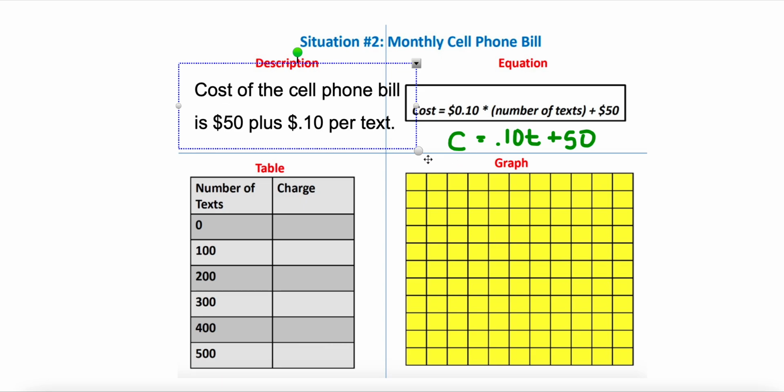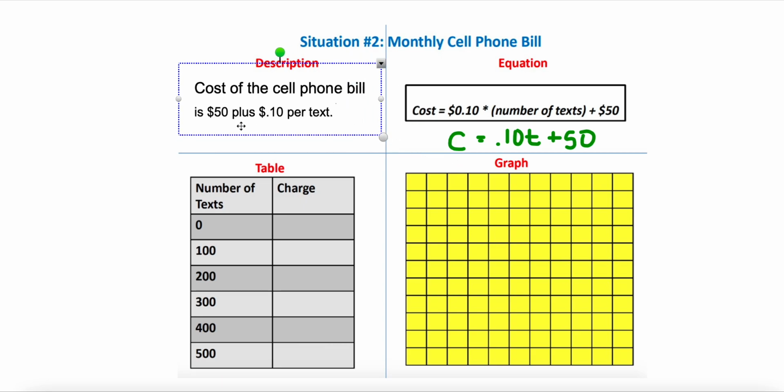There, you just wrote your first description. And then you'll go through the same thing on your table, and then you will graph it.